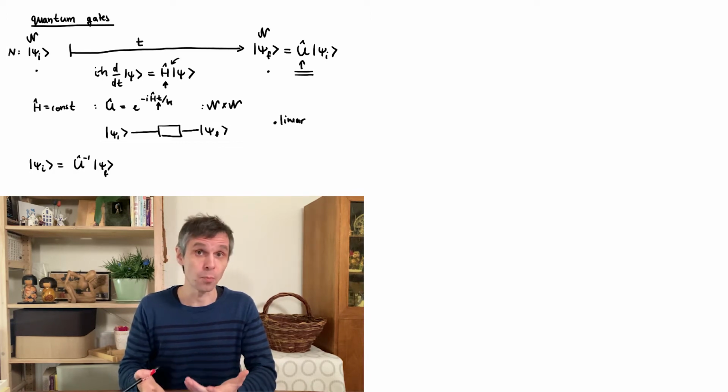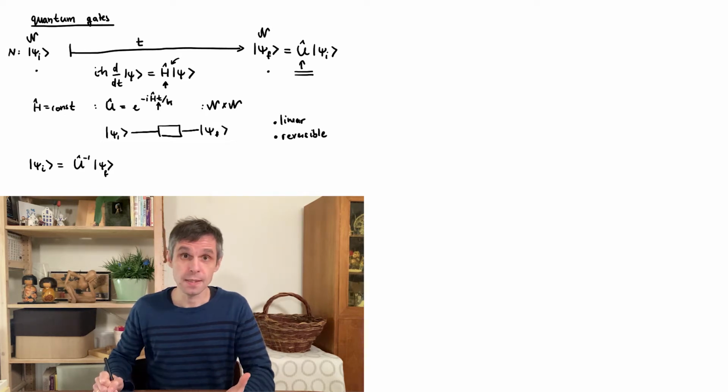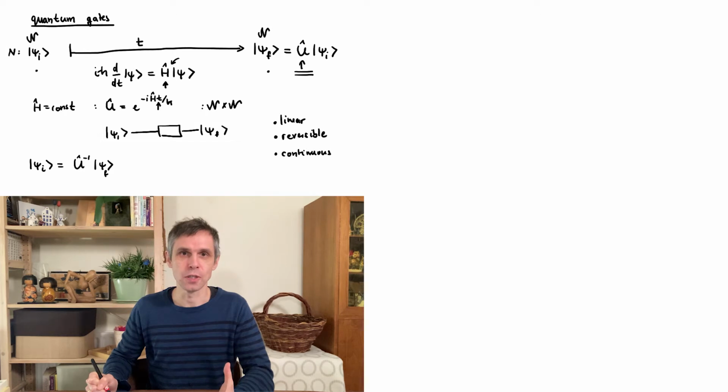So therefore any computation in a quantum system in principle will be reversible. And furthermore, this time evolution is of course continuous. So for instance, we could change the quantum state just a little bit.